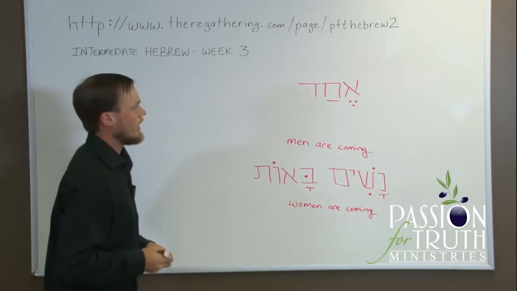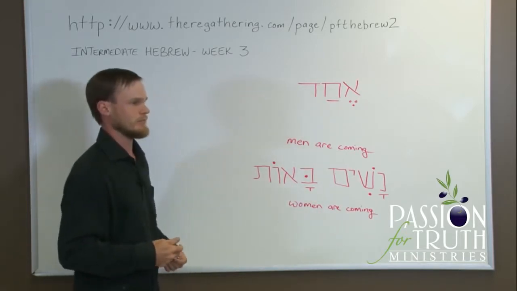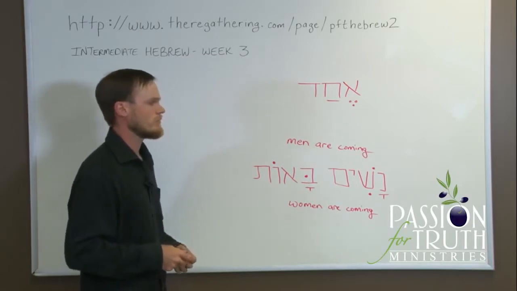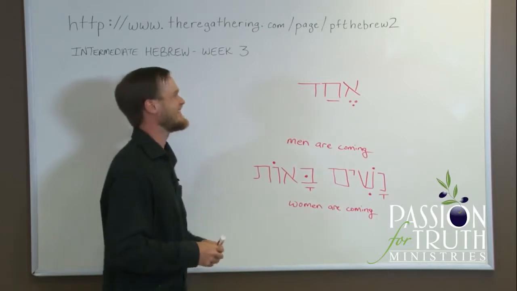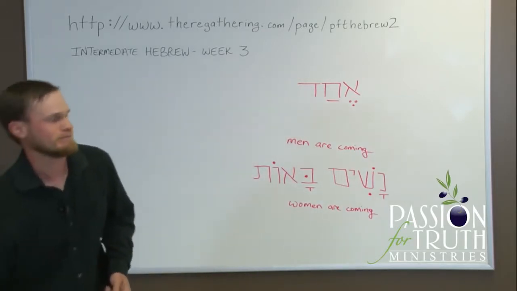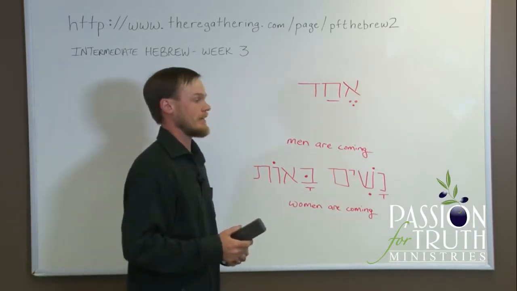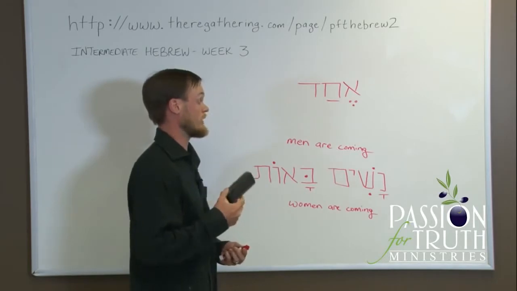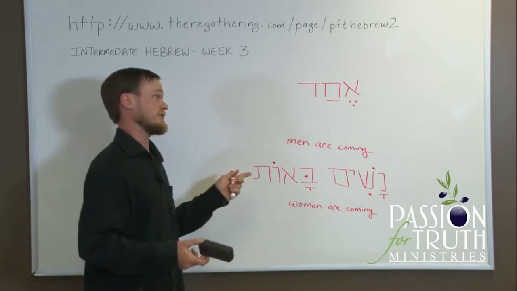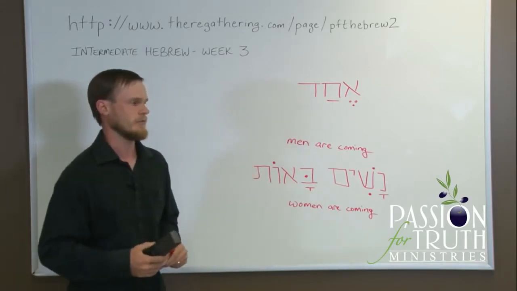Okay, and there's numbers for 1 through 10 and every multiple thereafter. How do they work? Numbers in Hebrew function as adjectives. Yes. So we're going to cover adjectives over the next couple of weeks. So we won't cover numbers specifically because there's special things that go on with numbers, but they function basically as adjectives.